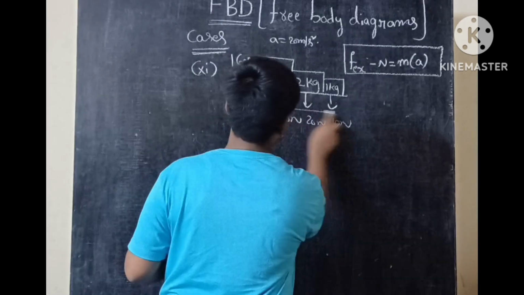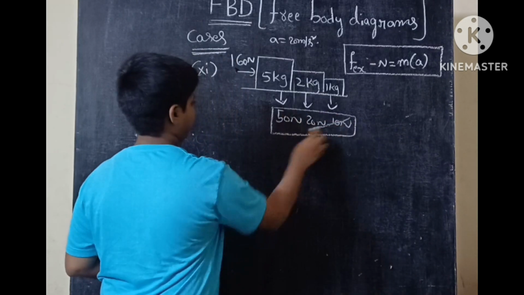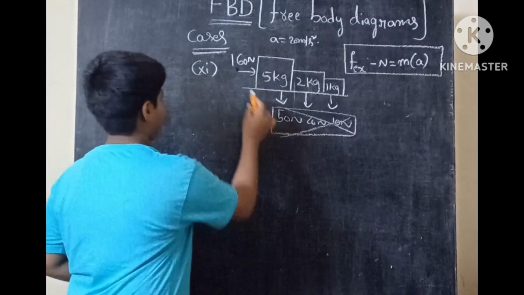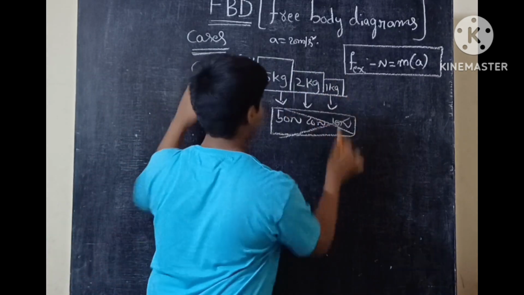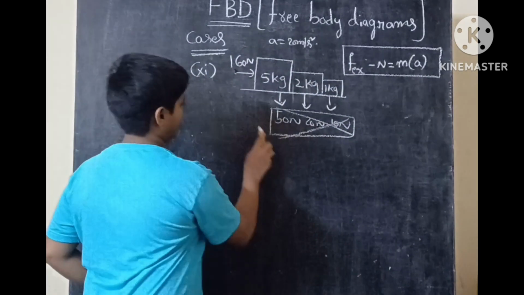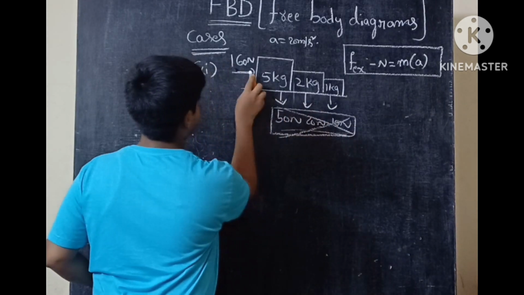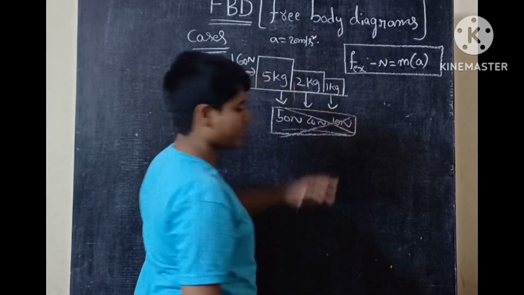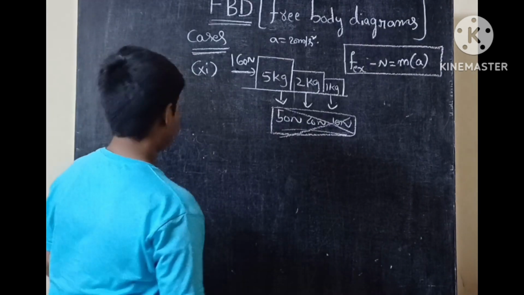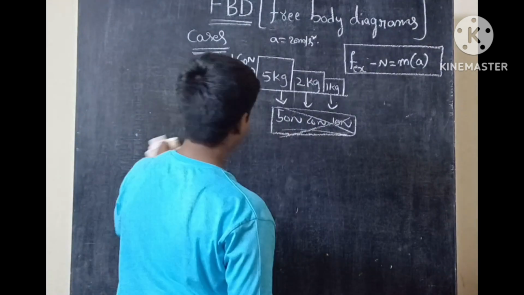There is no effect of these forces acting downwards when there is an external force acting in this direction, in a horizontal plane. So this is a very important point.